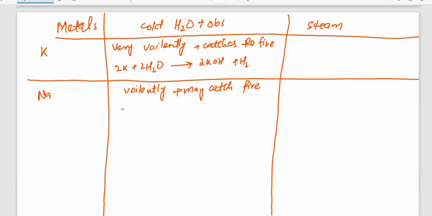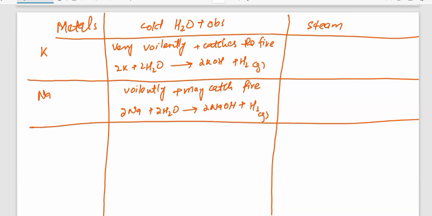The reaction is 2Na plus 2H2O gives 2NaOH. Sodium hydroxide is formed, and then hydrogen gas is released.